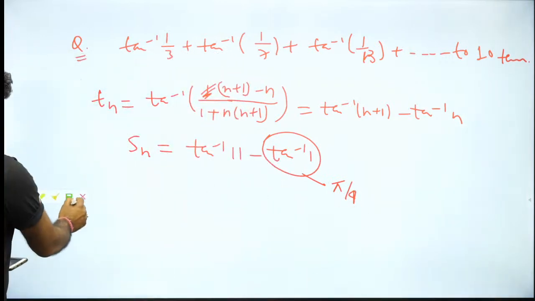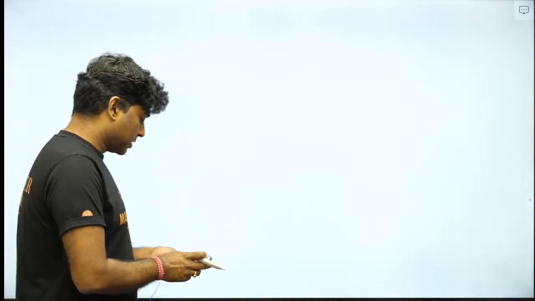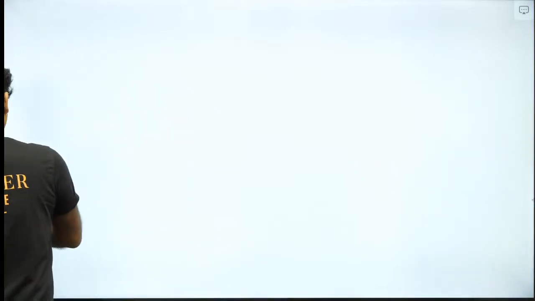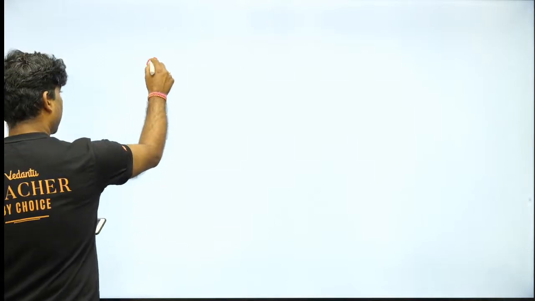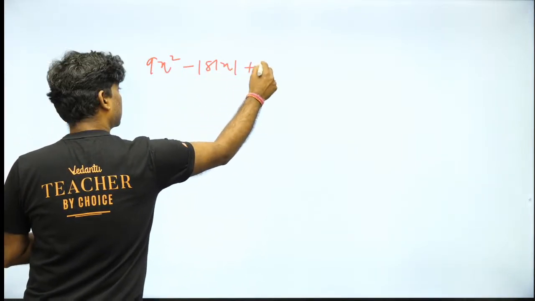So this was the final answer, tan inverse 11 minus pi by 4. This is pi by 4, no? Okay, right. So we'll see the next one.